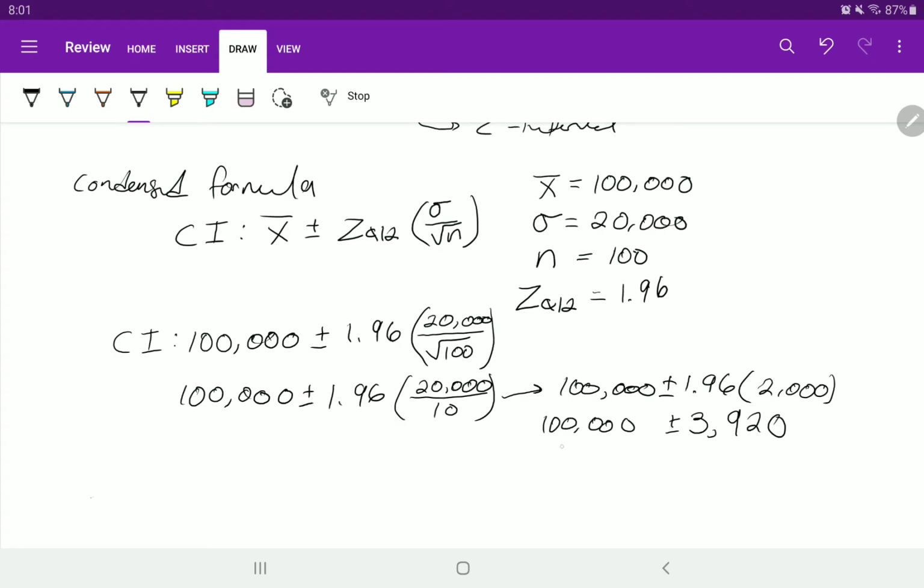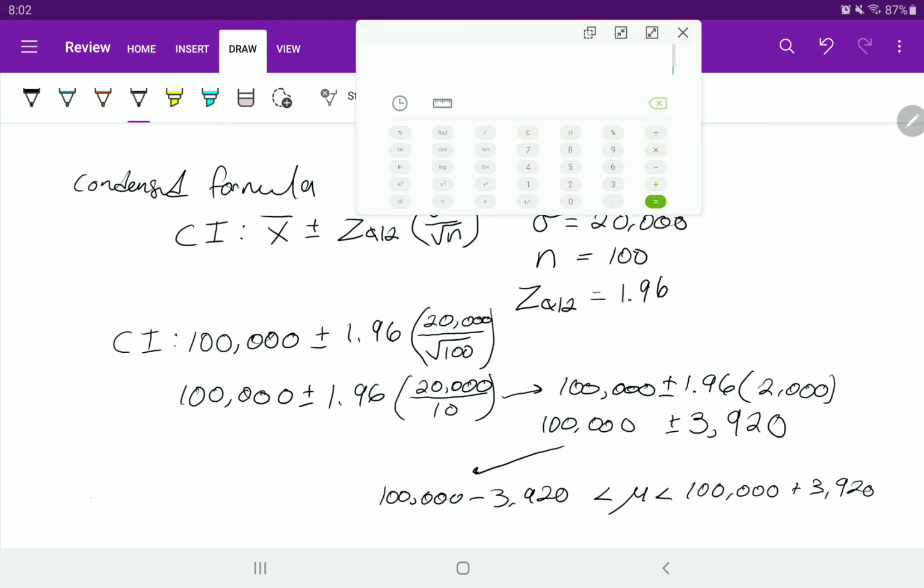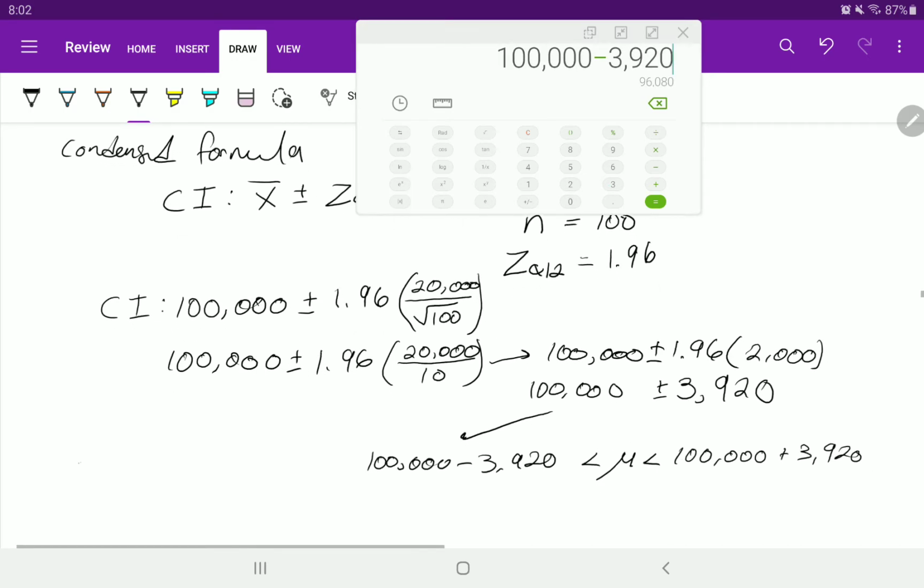Once you get to this step, you're going to break that up into two parts. 100,000 minus 3,920, excuse me. You can put your mu in the middle. And then we have 100,000 plus 3,920. And this is where I'm going to use my calculator. 100,000 minus 3,920 is going to be 96,080.